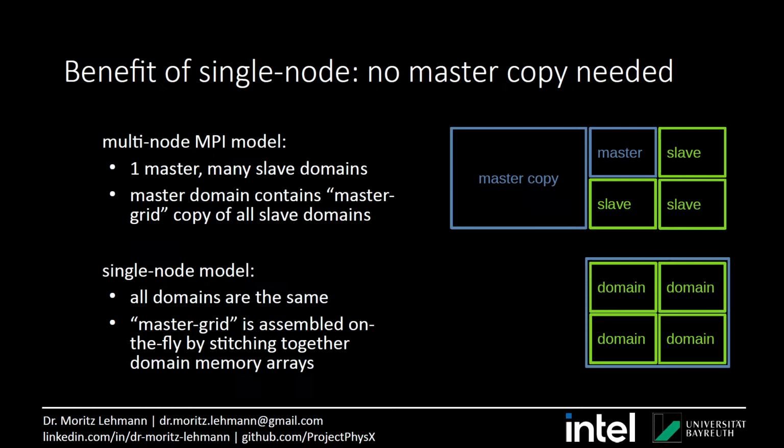For any data export or even visualization, you would have to create a big copy of all of it on one machine to assemble it together. With the single node parallelization, the master copy is assembled on the fly out of all of the domains, and I don't need a separate copy of it in system memory, which reduces the memory footprint on the CPU side.